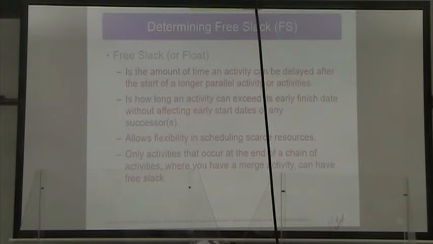But in between, we can have activities with slack. Now, if you calculate this and every activity has some slack, you've made a mistake. There has to be that one line of activities that has zero slack that defines the critical path.